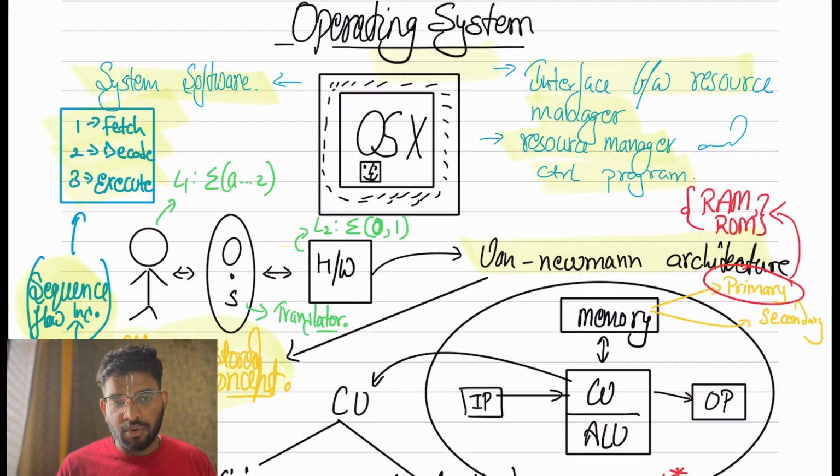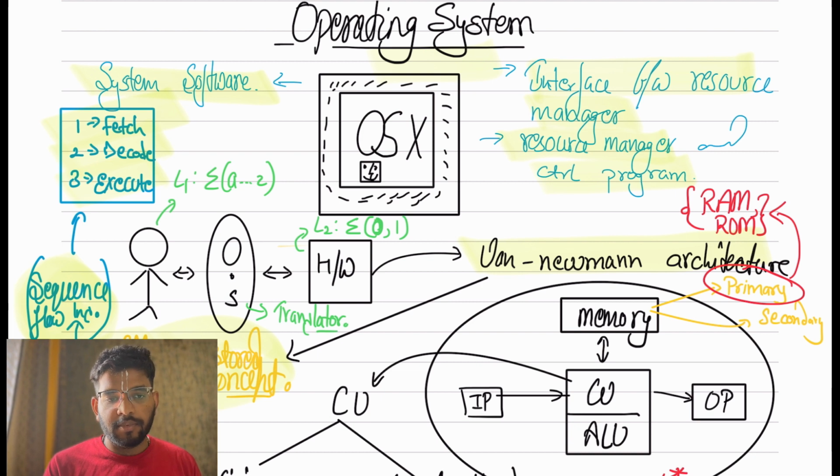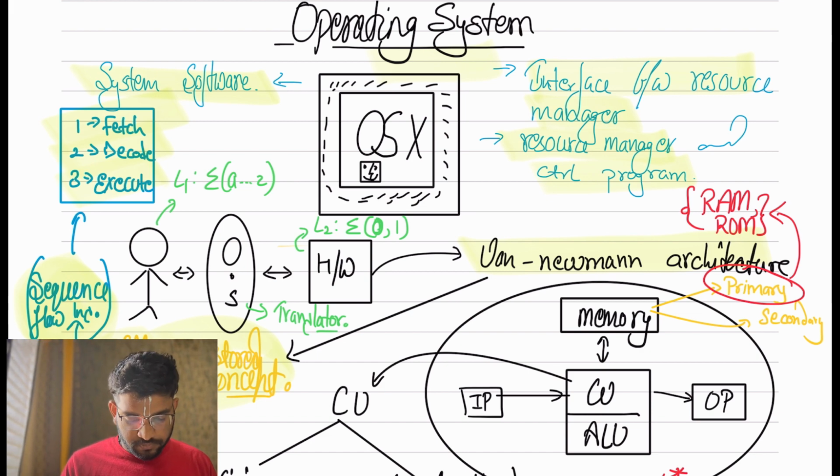During decoding, if any data required by the instruction is not present in the main memory, then the system generates an interrupt, and that part of the program is brought from the secondary storage into the main memory, and then the program starts executing.